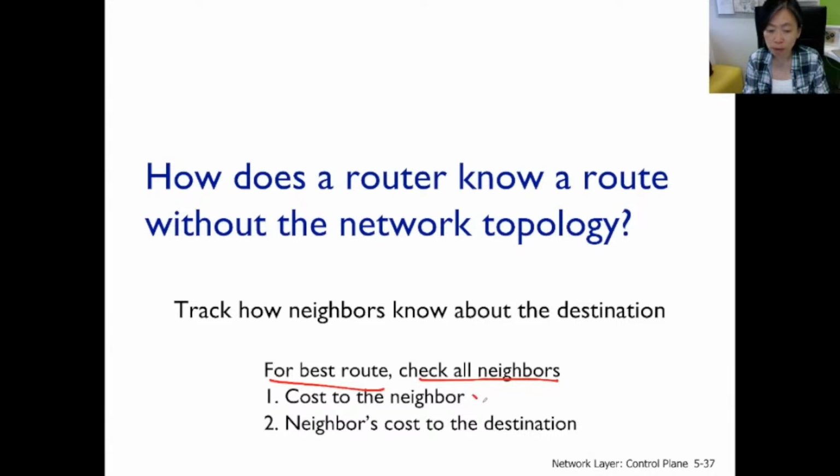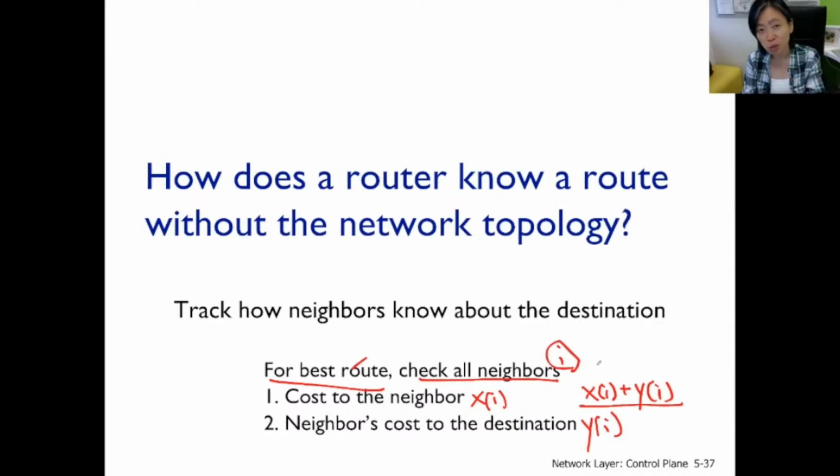For each neighbor, you find the cost to that neighbor, and you find out from that particular neighbor the cost to the destination. And you sum up X and Y for that particular neighbor. So you pick i such that Xi plus Yi is the lowest. There, you discover the best route, the shortest path. And i there is the next hop that leads to the shortest path to the destination.